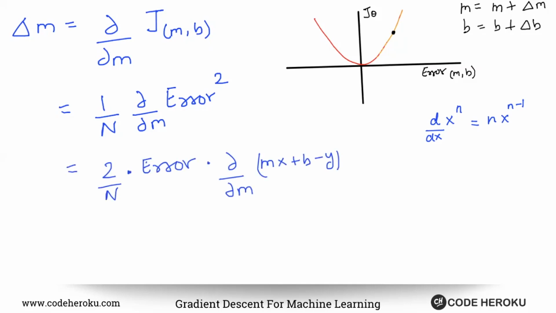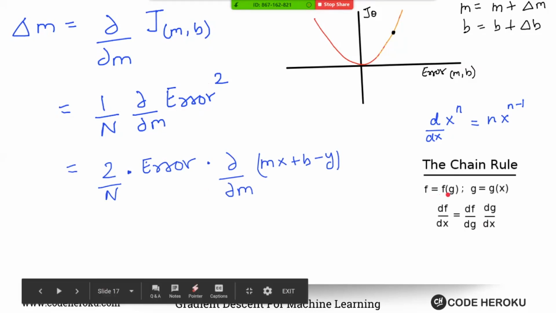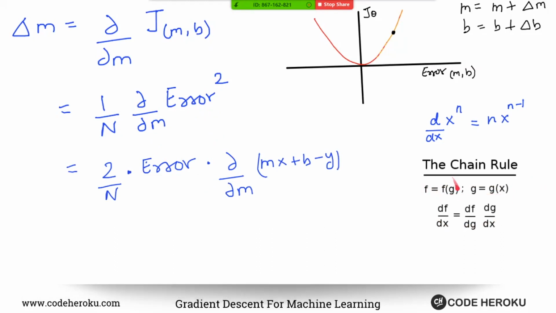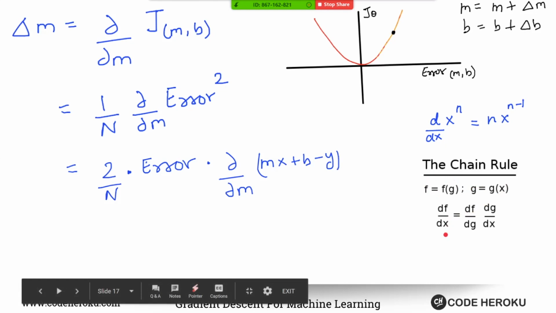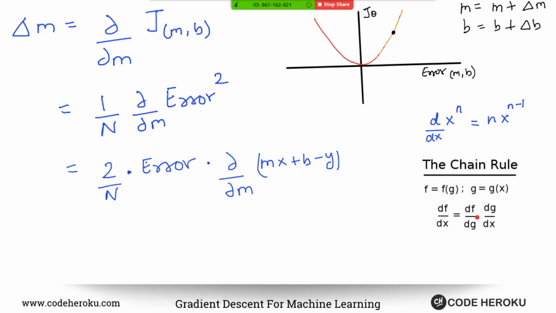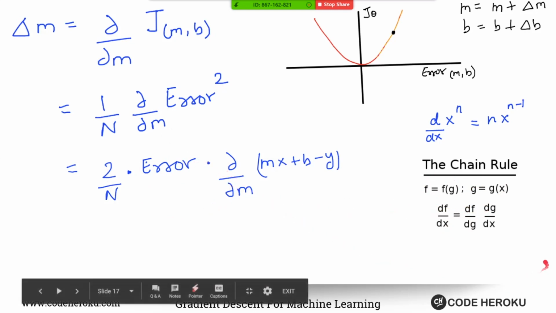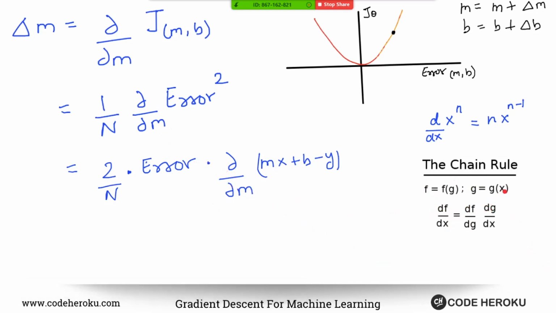But what the chain rule tells us is, if f is a function of g and g is a function of x, so f depends on g and g depends on x, and you're trying to take a derivative of f with respect to x, what you could do is first take this derivative, which we got 2 error, and multiply this with d by dx of the final thing which you are dependent on.